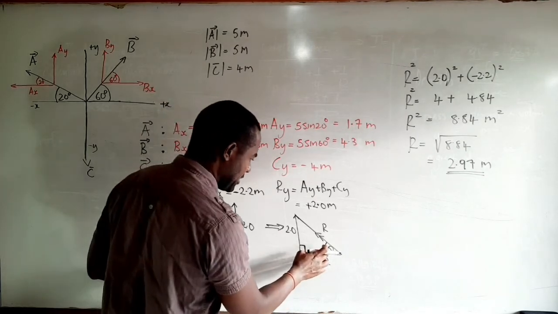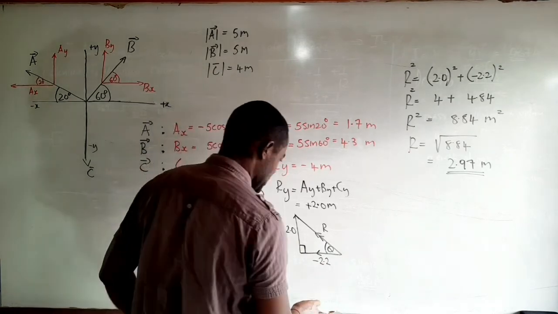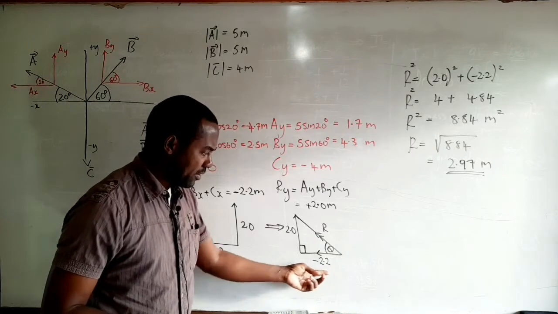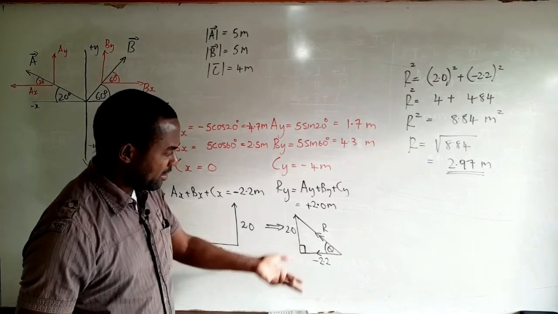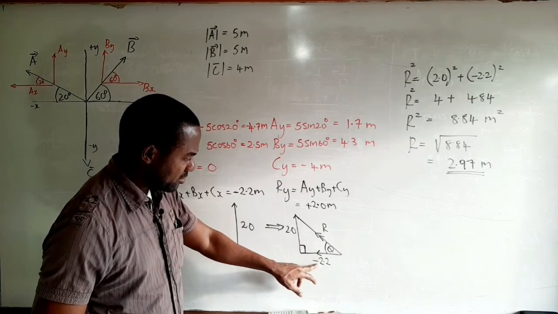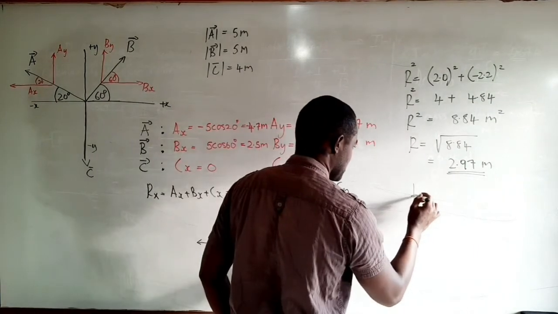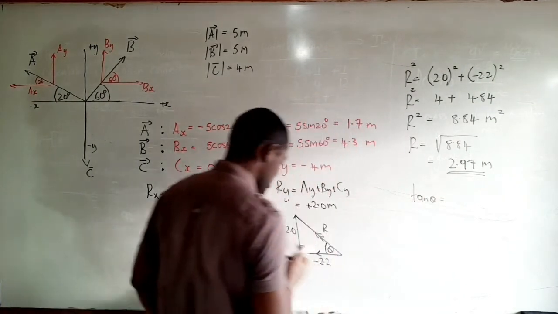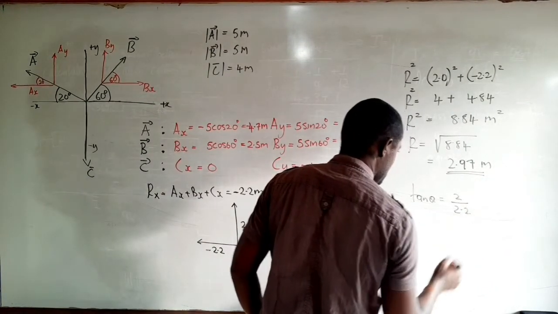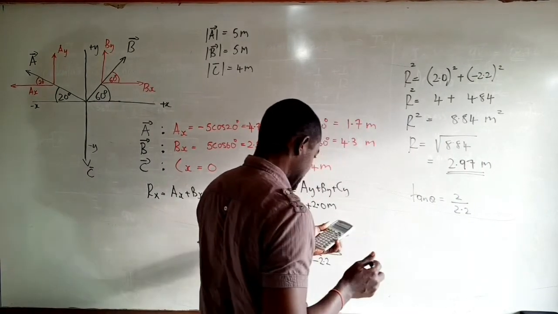Now we need to find the direction. So this is angle theta. We have the opposite, we have the adjacent. Now in finding the angle, we will simply disregard the sign of the x component, since we already established that the angle will be above the negative x-axis. So we can say that tan theta is equal to opposite over adjacent. So that is equal to 2 divided by 2.2, that is 0.91.